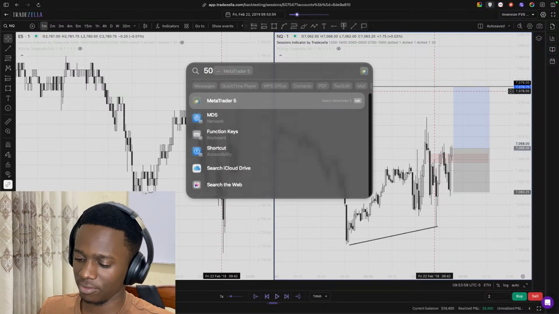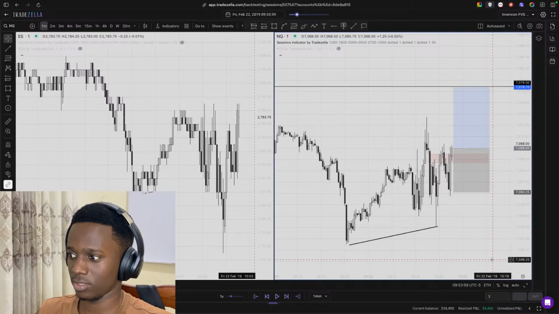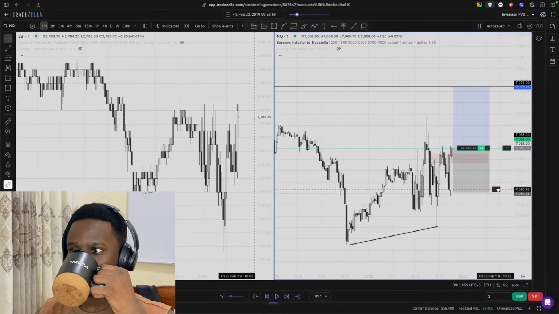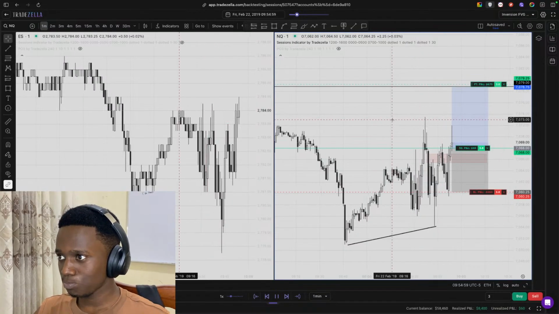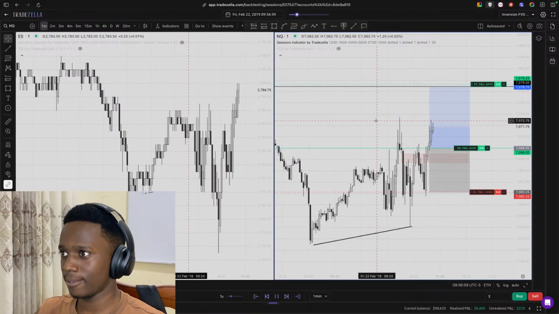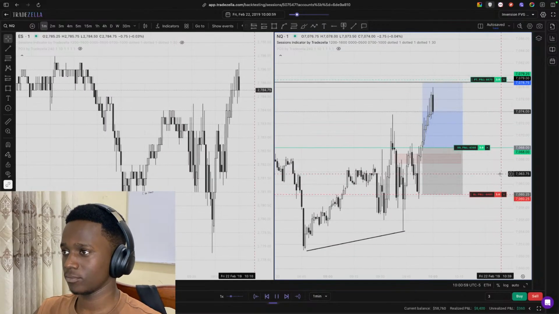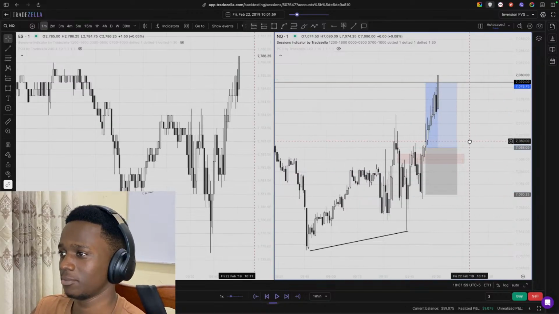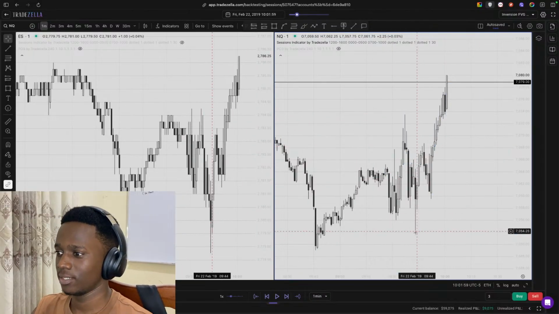So this will be 500 for 140 for 3 minis long. Come on. Okay, let's take profit for a good 10-point target, and we are done for today's backtesting.